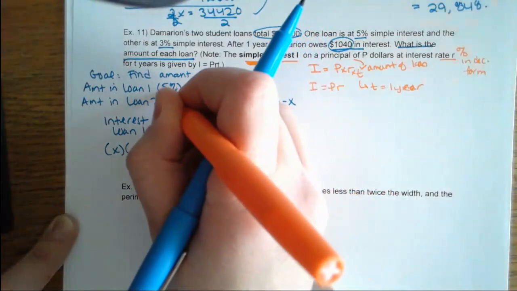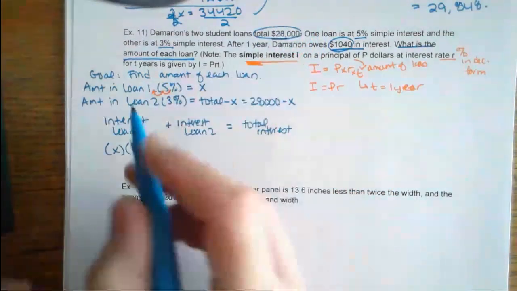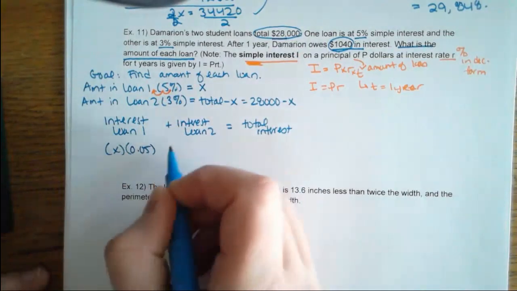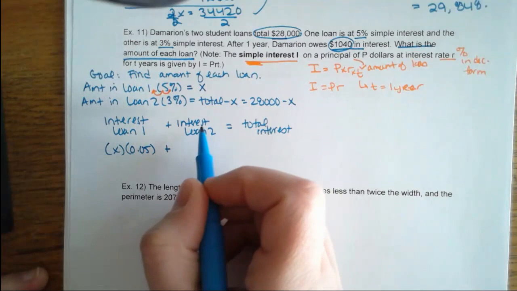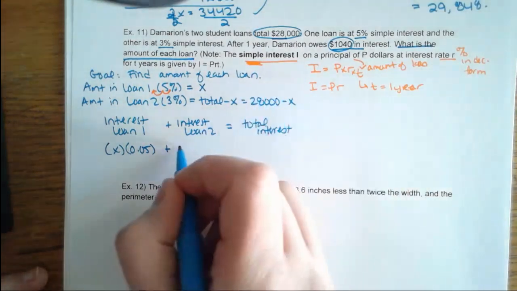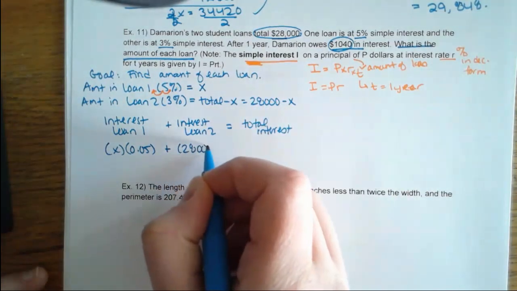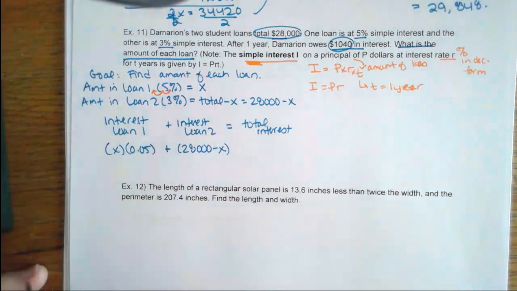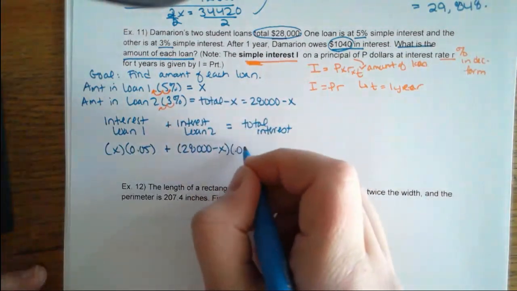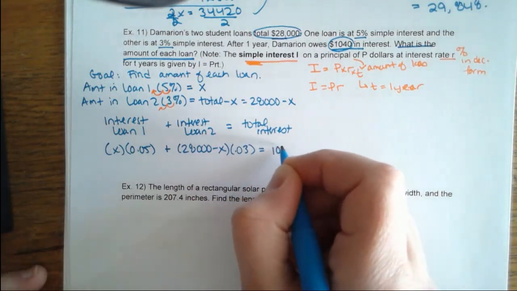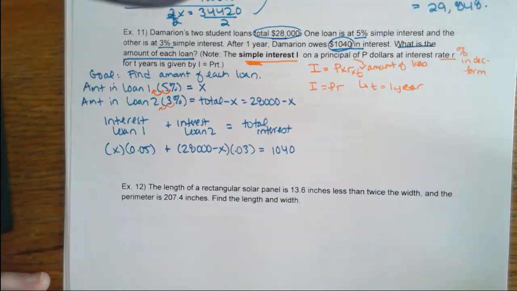So I'm going to go 2 spots to the left, so it's going to be 0.05. For the second one, the loan amount is this value right here, 28,000 minus x. And again, my rate is 3%, so I'm going to use 0.03. And then the total interest is 1040.